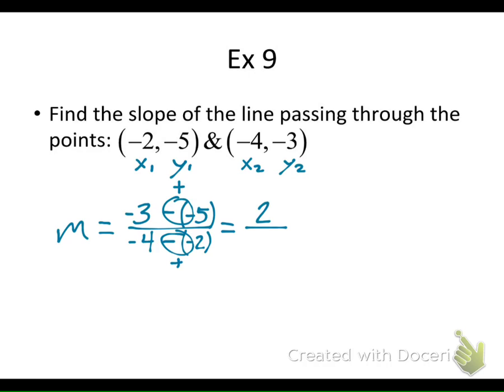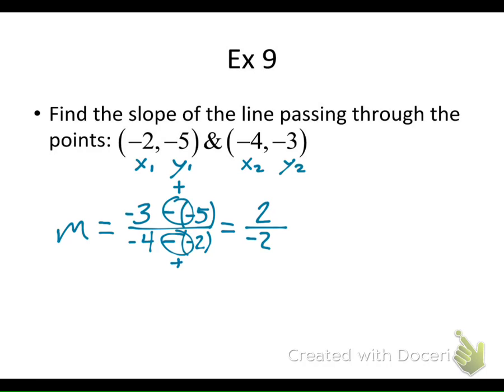Okay, and -4 plus 2? -2. Why is it -4 plus 2 is -2? Because it's a negative sign in front of the 4. If you punch it into your calculator, it'll say -2. Oh, never mind. Right? I get it now.